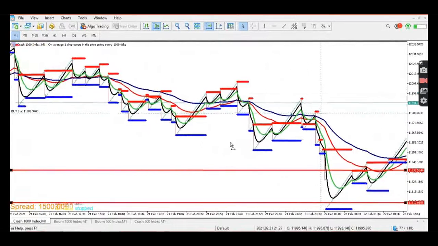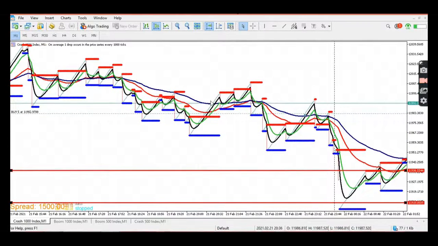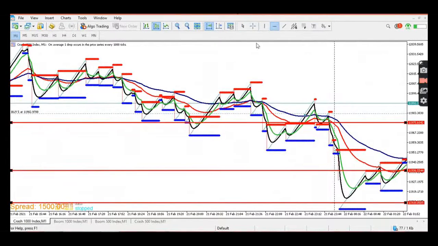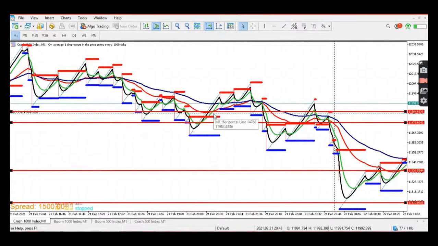This is where I bought this market. After this cross, you can see, after I got my first confirmation using my strategy, this is the first confirmation, and this is the second confirmation. That's where I place my trade.